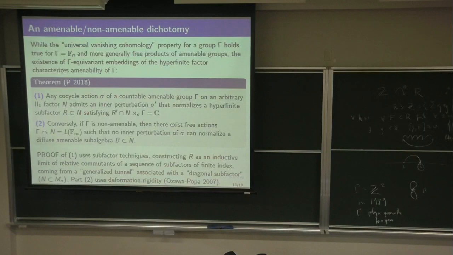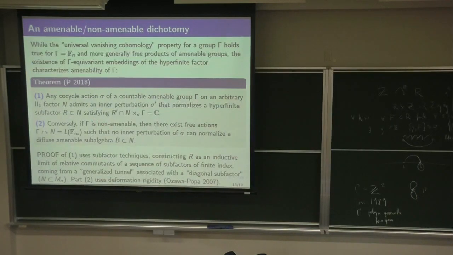Any cocycle action sigma of a countable amenable group Gamma, let's change the notation because I want to separate it from the previous page, on an arbitrary II_1 factor N admits an inner perturbation that normalizes a hyperfinite subfactor with this property if and only if Gamma is amenable.